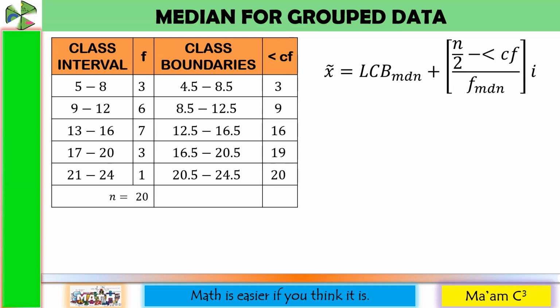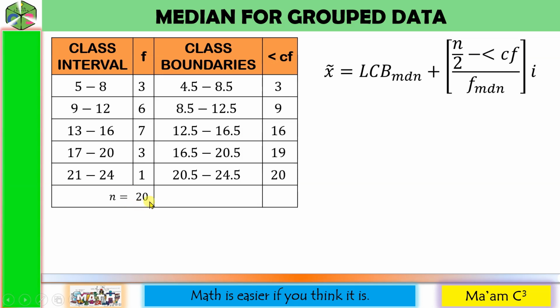Before we substitute values, let us determine first our median class. Again, the median class is the class containing the less than cumulative frequency that is equal or closest but higher than half of the number of observations.